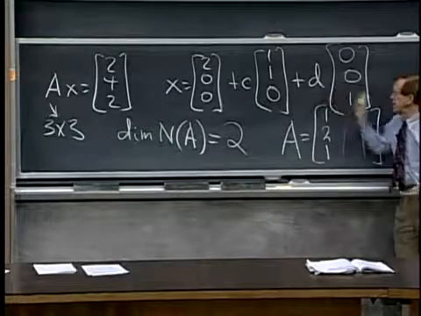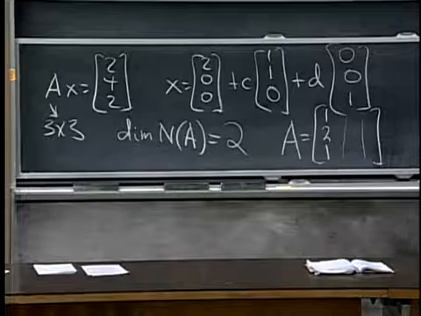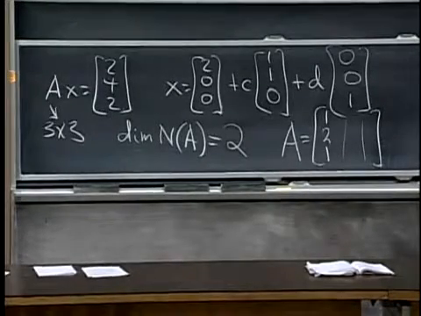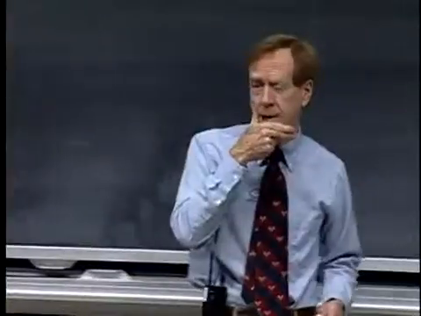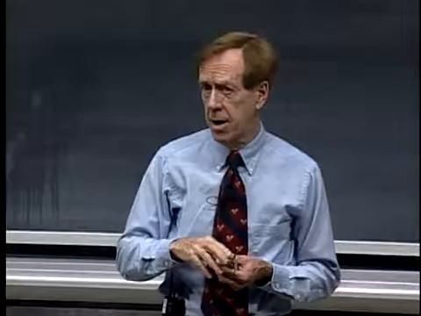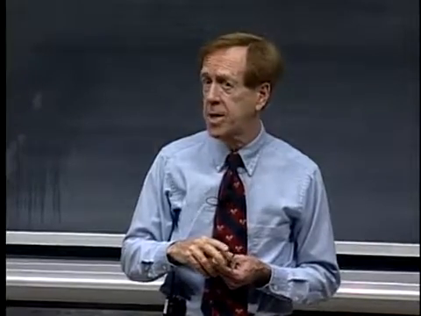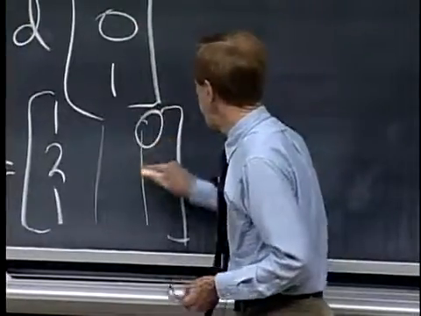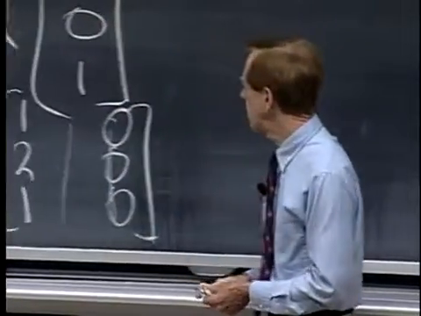I've got the null space. So the fact that this is in the null space, what does that tell me about the matrix? A matrix that has 0, 0, 1 in its null space? That tells me that the last column of the matrix is zeros. Because this is in the null space, the last column has to be 0.